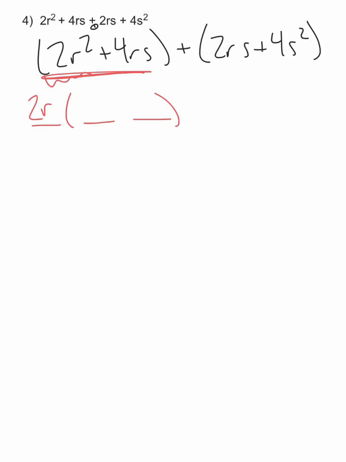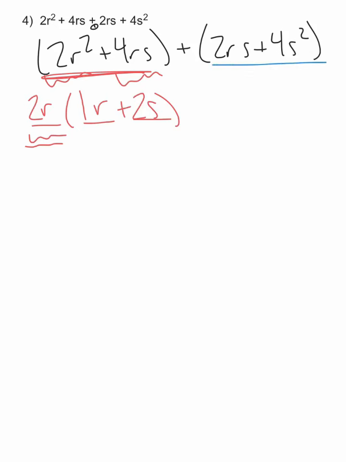Now we'll take the first term, divide it by your greatest common factor. 2 divided by 2 would give us 1. Subtract your r's. R squared minus r will leave us 1r. And then the second term, 4rs divided by 2r. 4 divided by 2 would give us 2. Since that's a positive 2, we'll put plus 2. The r's will cancel, and that will leave us an s.